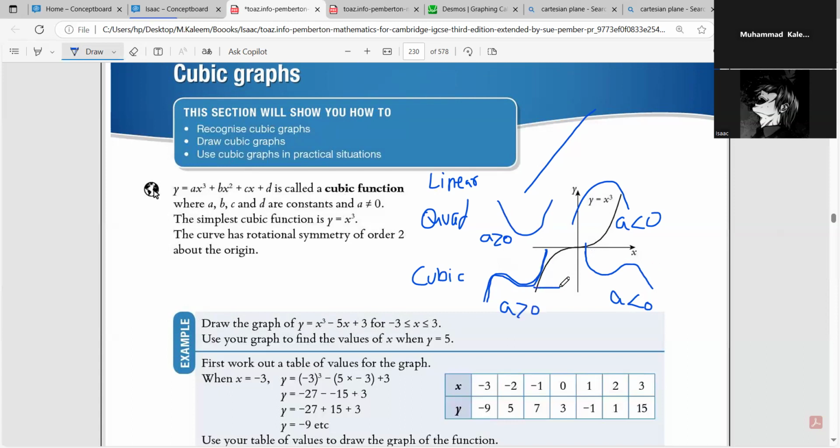As x approaches infinity, when we replace x with a bigger number, we get a bigger number in y. But when the leading coefficient is negative, it's opposite. When we replace a bigger number, we get a smaller number in y. So it's opposite, and this makes sense.